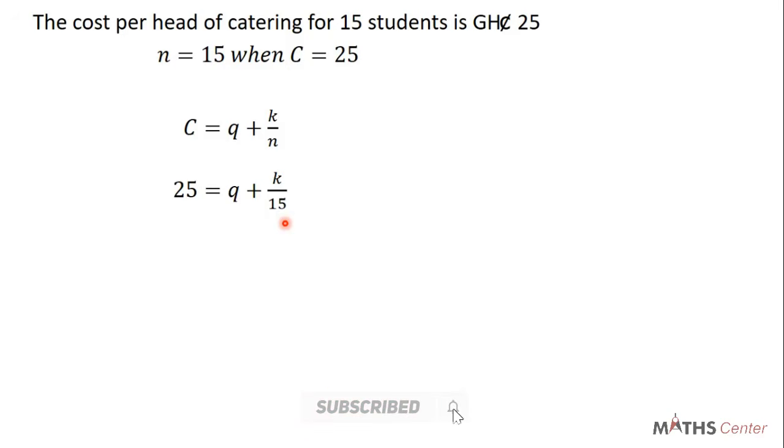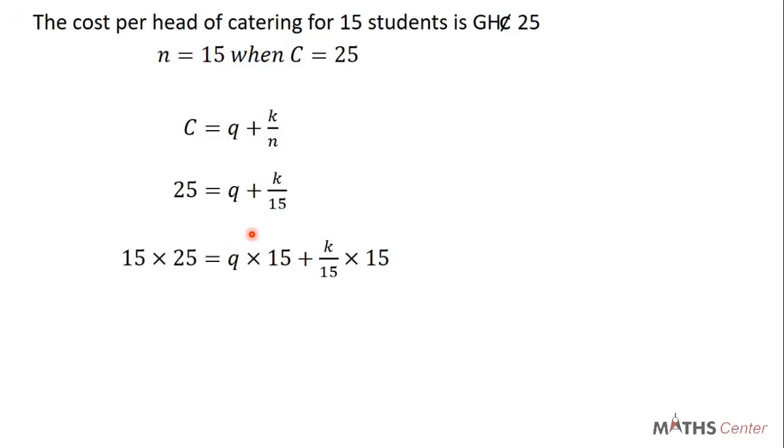We will multiply through by 15 to remove the fraction. When we do that, we will have 15 times 25 is equal to Q times 15 plus K divided by 15 times 15. If we simplify this, we will have 15Q plus K is equal to 375.